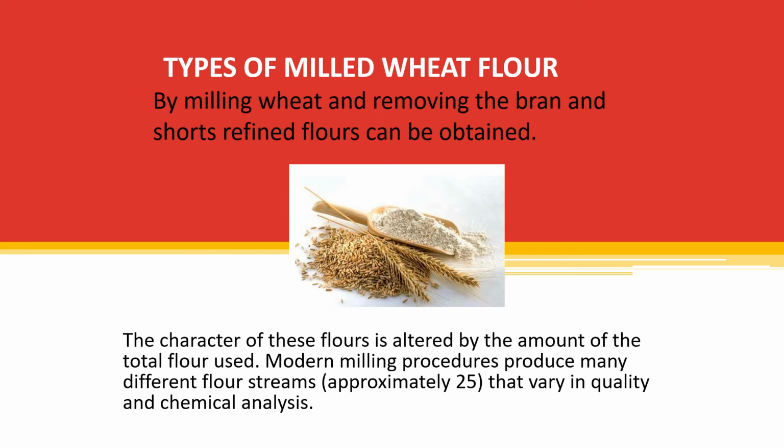Modern milling procedures produce many different flour streams, as I have told you, approximately 25 or even more, that vary in quality and chemical analysis. उनकी nutrient की जो composition है वो भी change हो सकती है, उनकी physical state भी change हो सकती है. So they vary with these two properties mainly, उनकी quality और उनका chemical analysis.